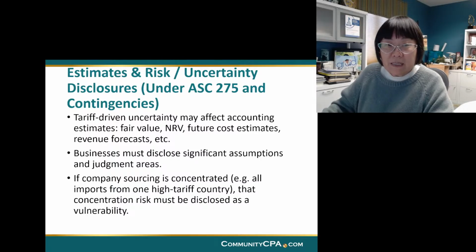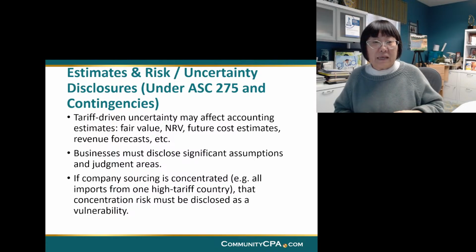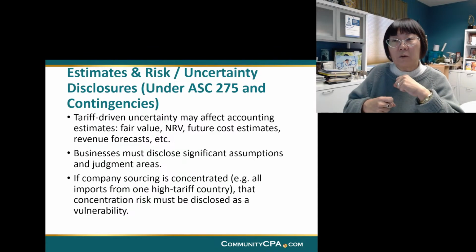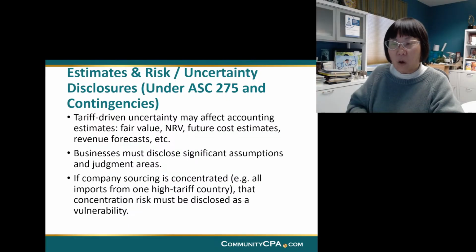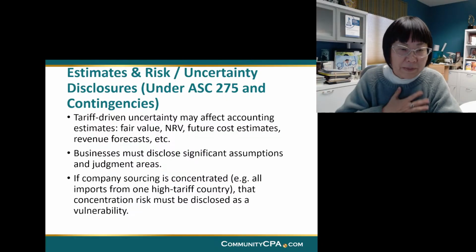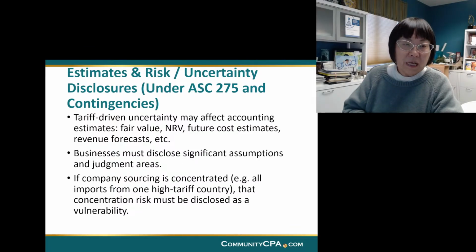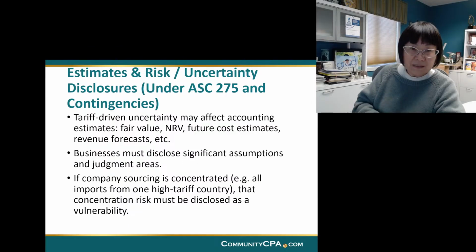Of course, other than revenue recognition, the other thing is uncertainty disclosure. Whether you're a public or privately held company, if you're looking for a partner to join your business, then that disclosure is actually required. Tariff-driven uncertainty may affect accounting estimates.